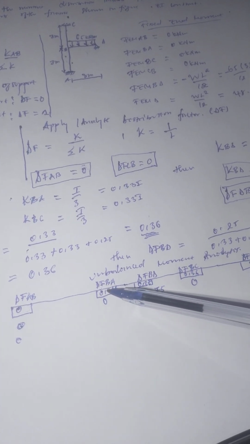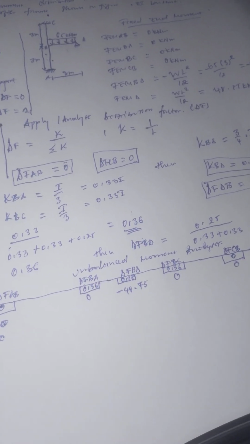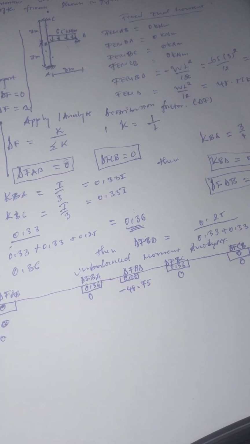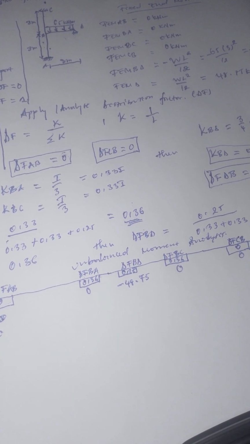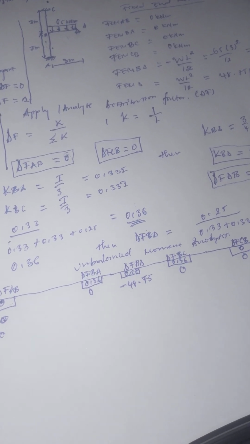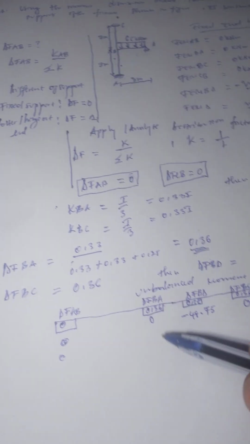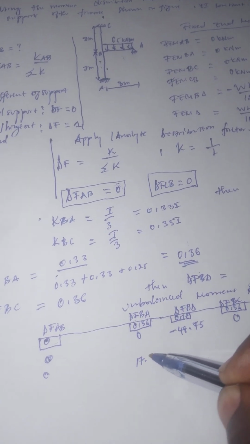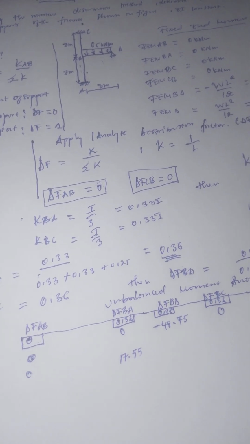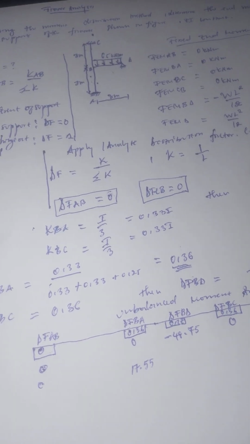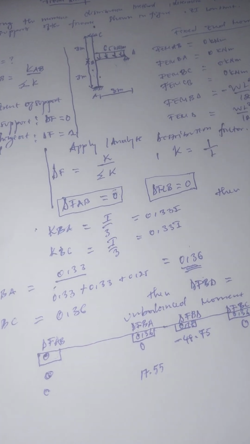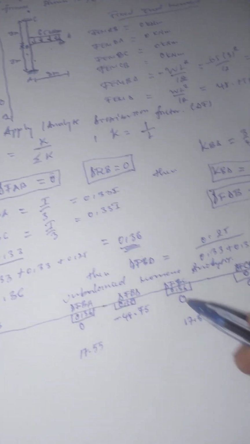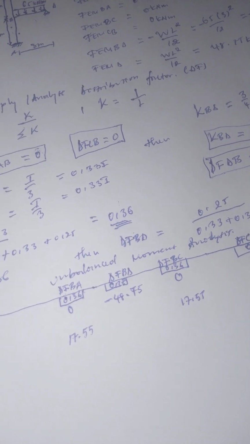Negative and negative get positive. 0.36 multiply 48.75, we get 17.55, and here is equal to 17.55 because of the sign.